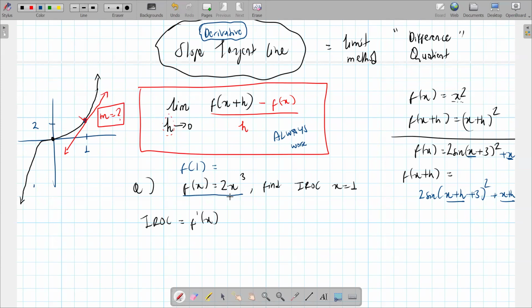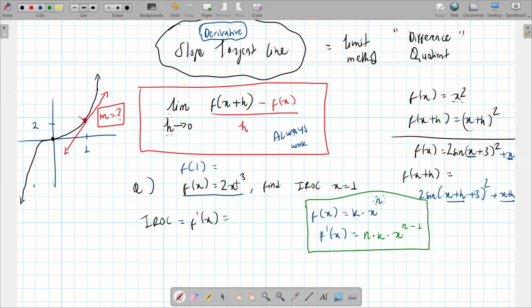But if you have a polynomial function like this, in the form of, let's say, k times x to the power of n, k is 2, and here's the power, it's 3. The shortcut method says f prime of x, you first bring this n down to the same level, so it becomes n times k, and then you take 1 away from the power, like that. So this is the shortcut for polynomial functions.